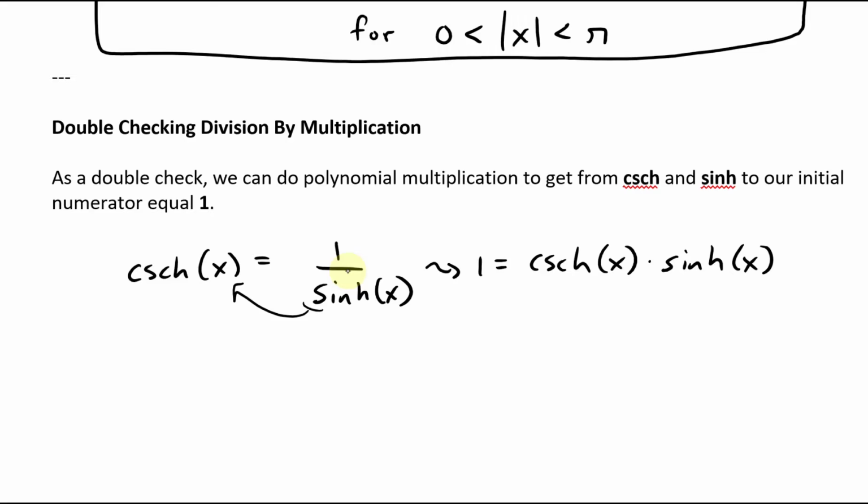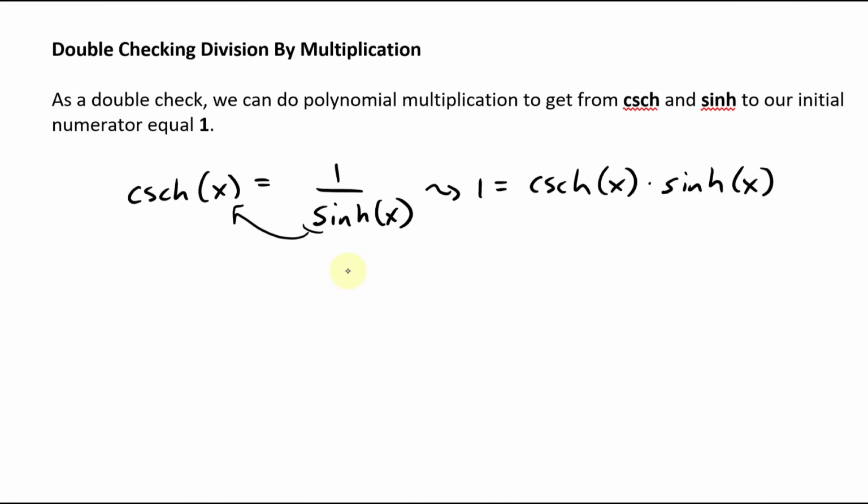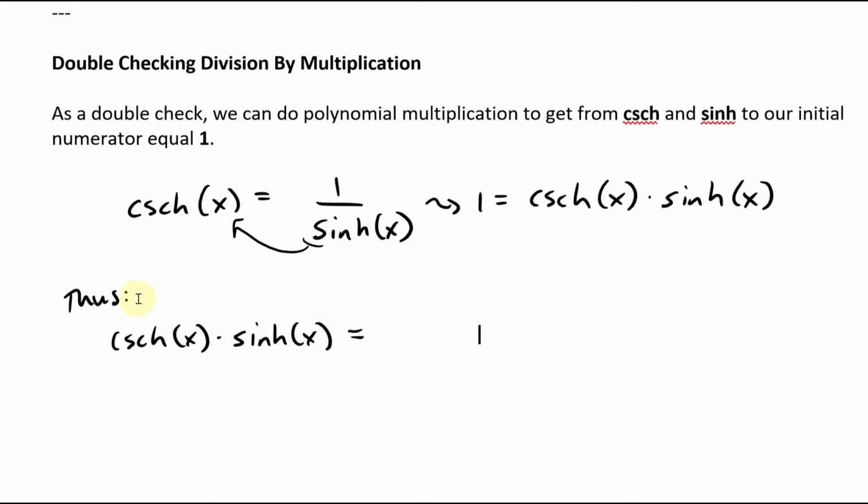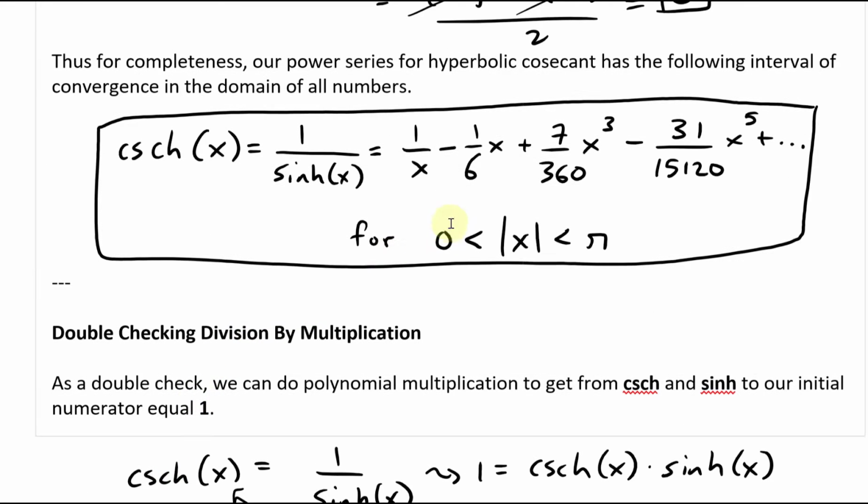So this is what we should have. Thus, let's do polynomial long multiplication. So this equals hyperbolic cosecant of x times hyperbolic sine of x.